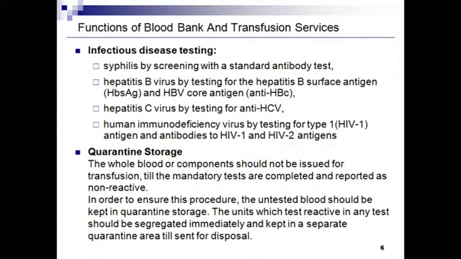The blood portions should be tested for blood-transmitted diseases, such as syphilis. The method is screening with a standard antibody test. The blood should be tested for hepatitis B virus by testing for the hepatitis B surface antigen, HBs antigen, and HBV core antibody, anti-HBc, anti-HB core.